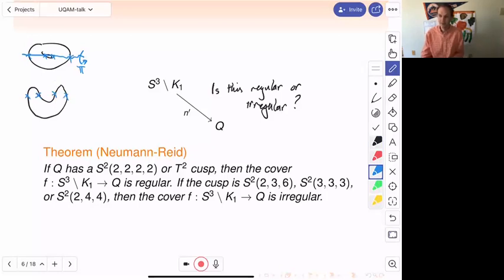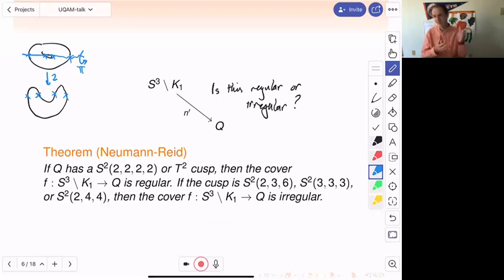And this quotient operation preserves the meridian and preserves any basis, up to inverses. So it really allows us to get a regular quotient, and that's what Neumann and Reid observed here.